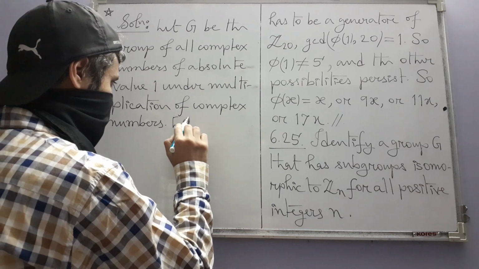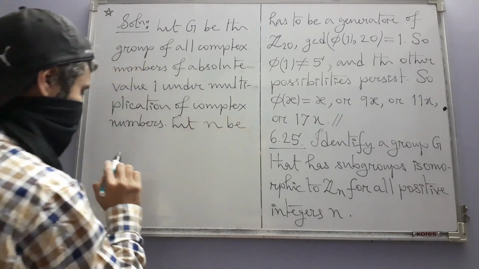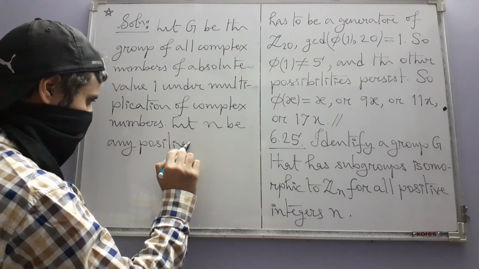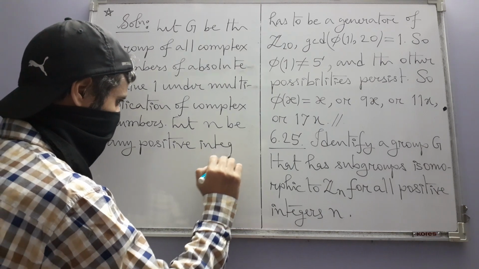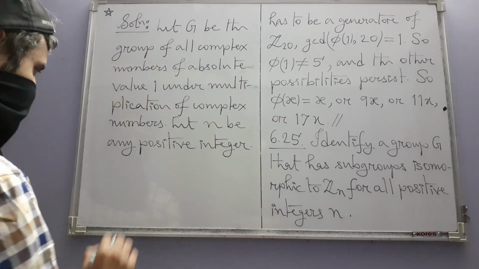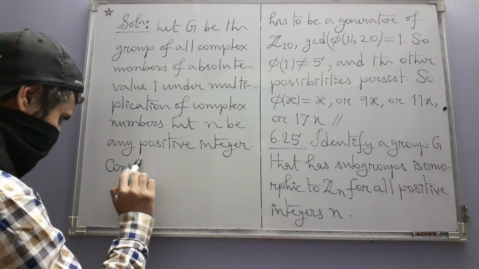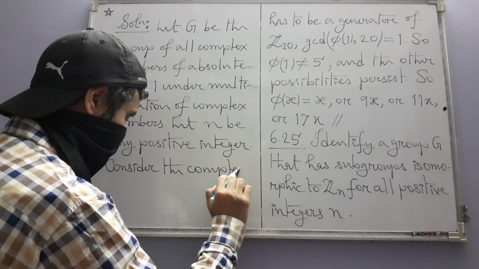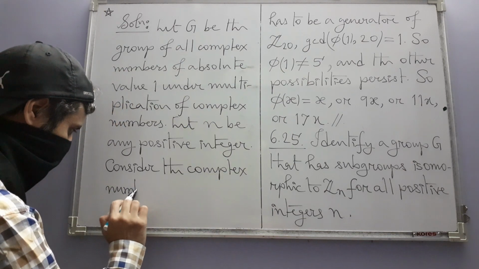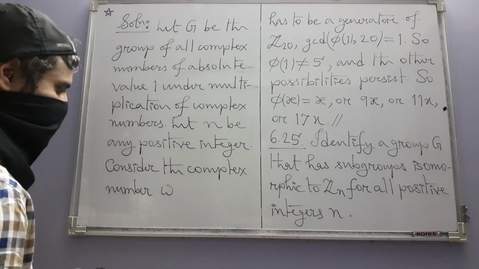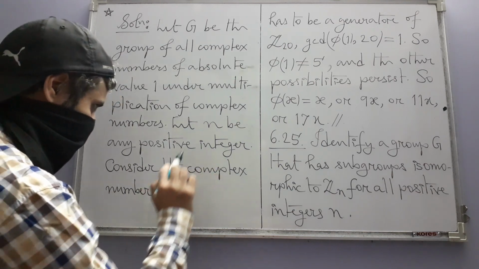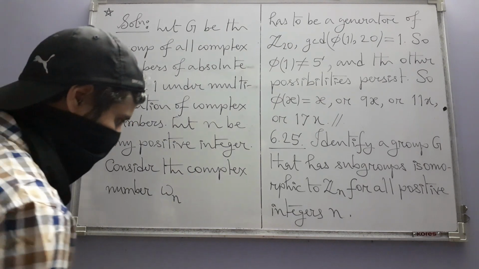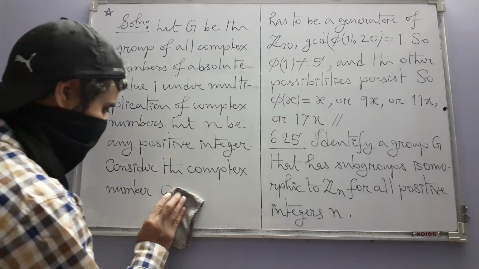Okay, now let n be any positive integer. Consider the complex number omega. Omega, in fact, just to show that it depends on n, let me put a suffix. Oh, I do not have enough space to write it here.